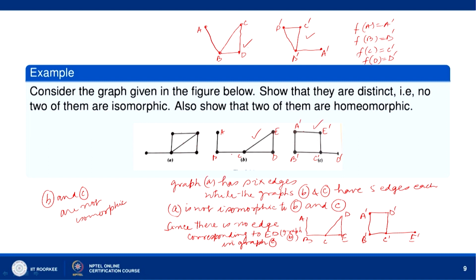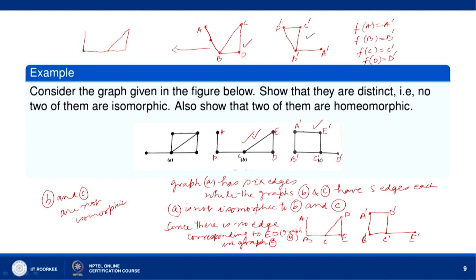So, what we do, you take an additional vertex here. If you take an additional vertex on AB, then you will get this graph. This additional vertex will correspond to this one. So, when we take an additional vertex on the edge AB in this graph, we get this graph.